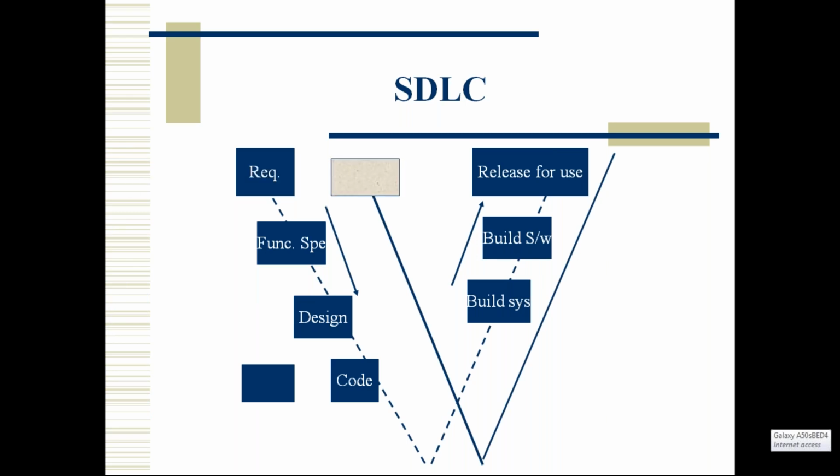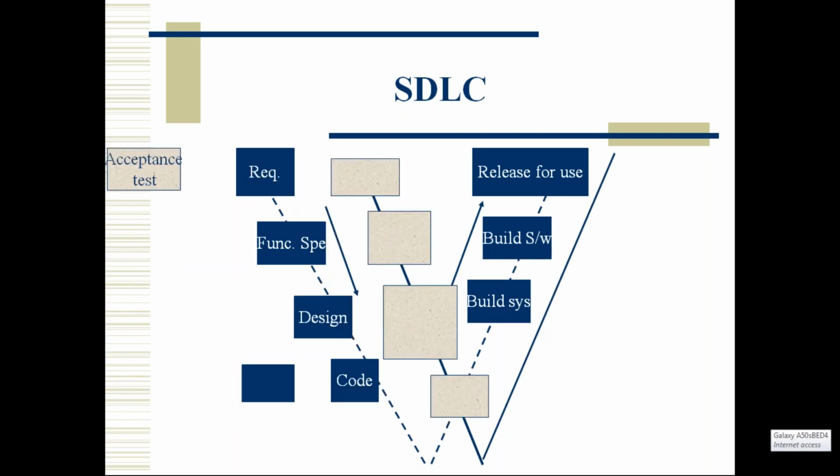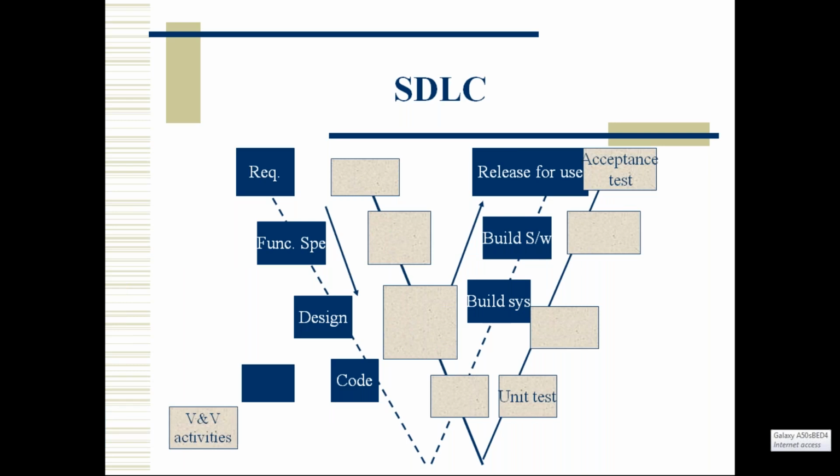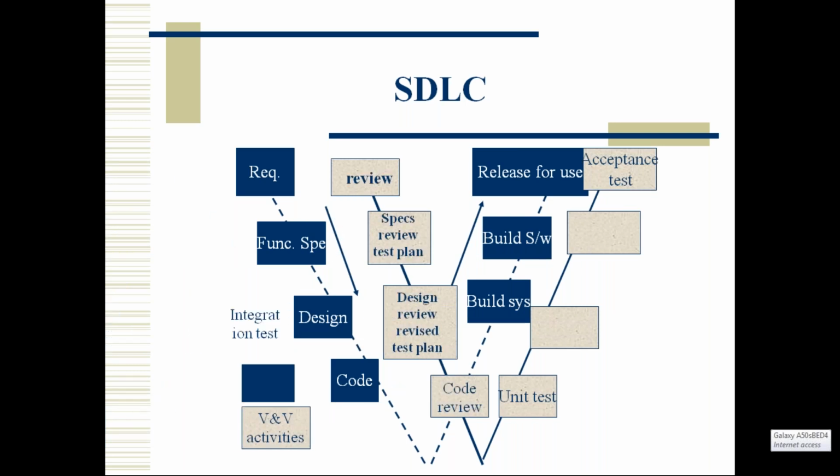This is the solid line. Then there is the specification review, design review, code review, integration testing, and system testing. This is called static testing, and this is called dynamic testing. This is the V&V model. Can you take a snapshot of this V&V model for your reference?